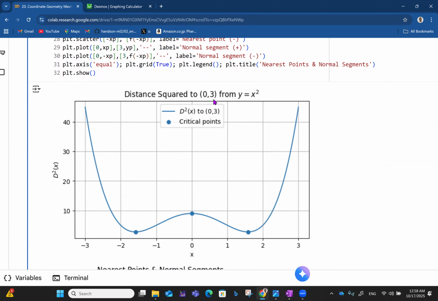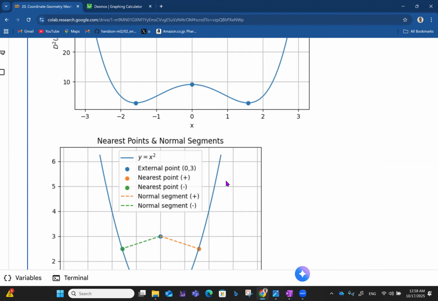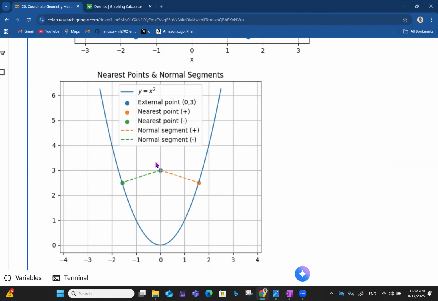So this is the distance squared to (0, 3) from y equals x squared. So we have this whole thing on the distance. But then the actual thing, like you can see, we have y equals x squared as the curve. So you have the external point (0, 3). The nearest point is either this or this. The nearest point on the positive side is the orange one. On the negative side, it's the green one.